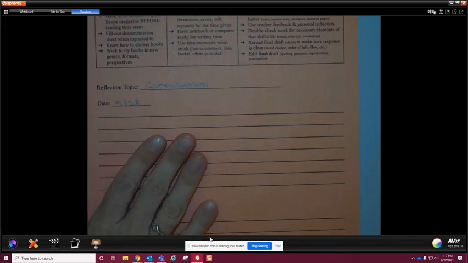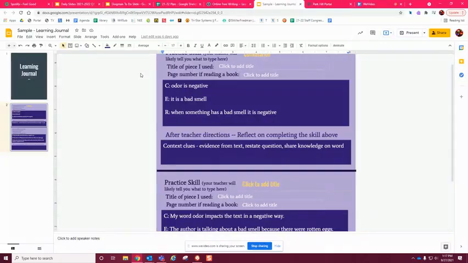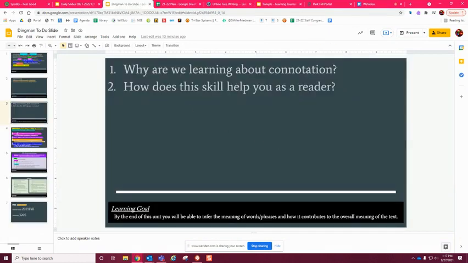Then in these lines or on a separate sheet of paper, you're going to reflect on a question. And I'm curious as to what you are going to put down. So the questions that I would like for you to answer are these questions right here.